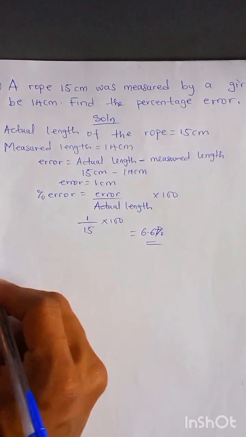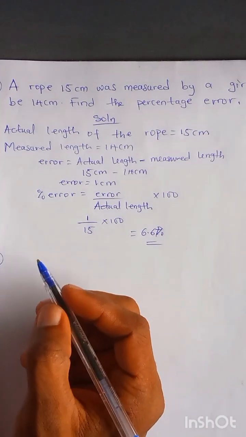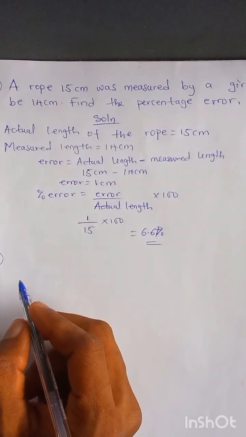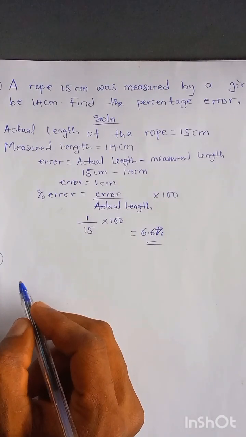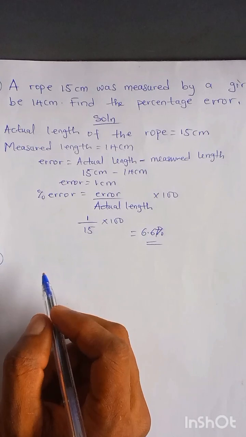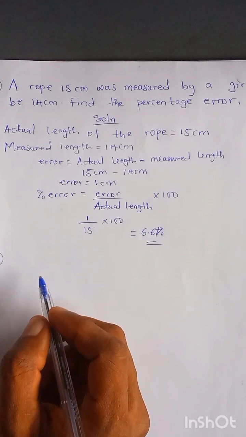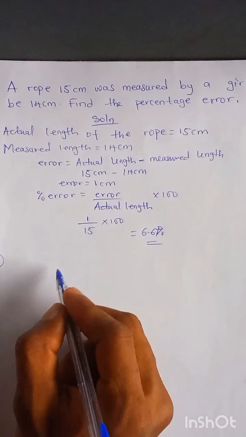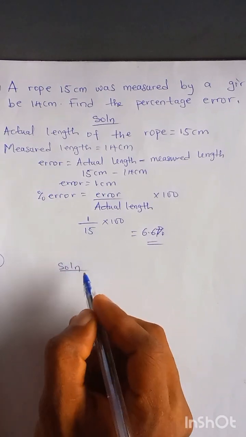Question number 4. This question reads: a surveyor measures a road as being 69.3 kilometers long. However, there is a 1% error in this measurement. What is the true length of the road? Let me put down the solution here first.